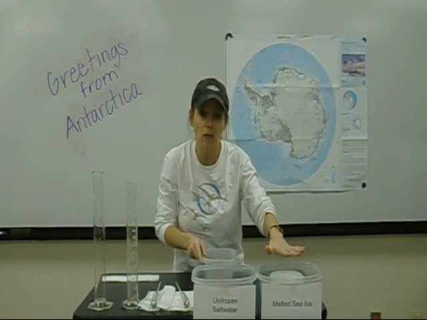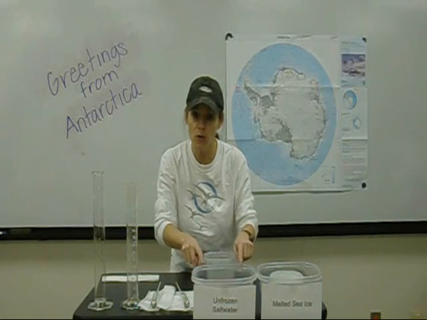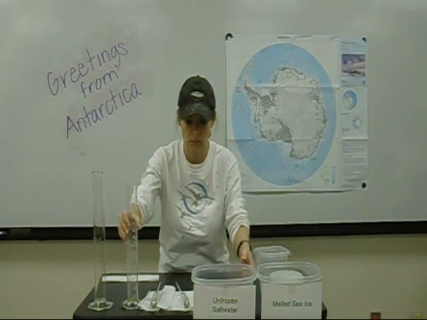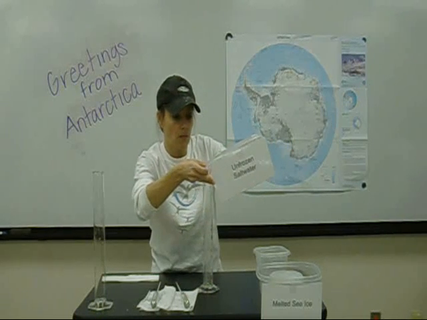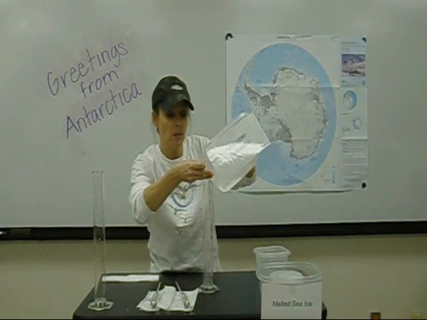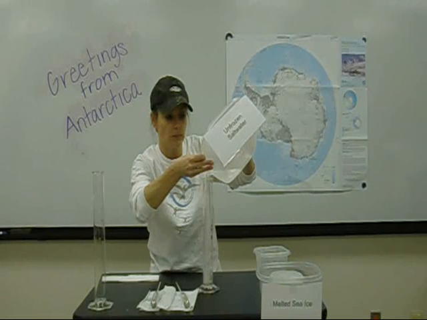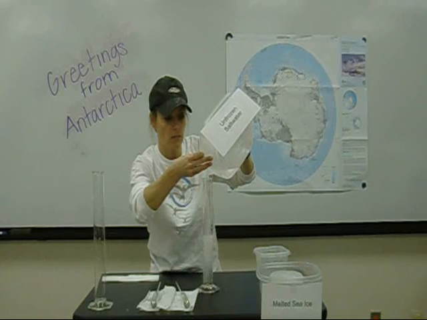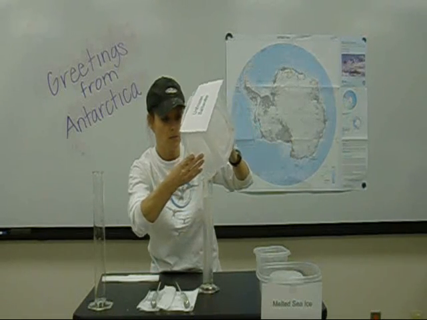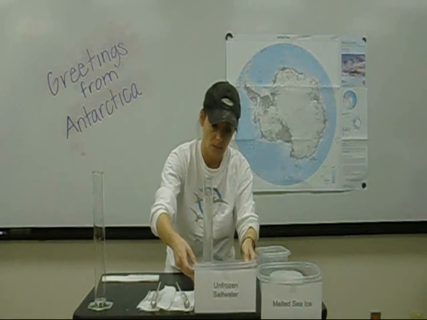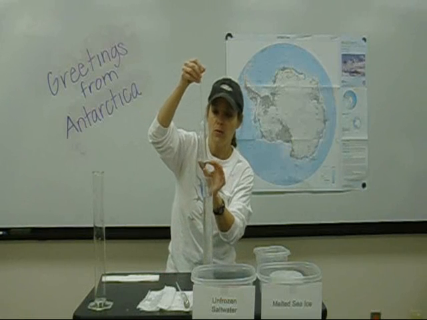All right, so while we're waiting for our sea ice to melt, let's find the density of our unfrozen water. Let's do this without making a mess. All right, and let's get the hydrometer out.